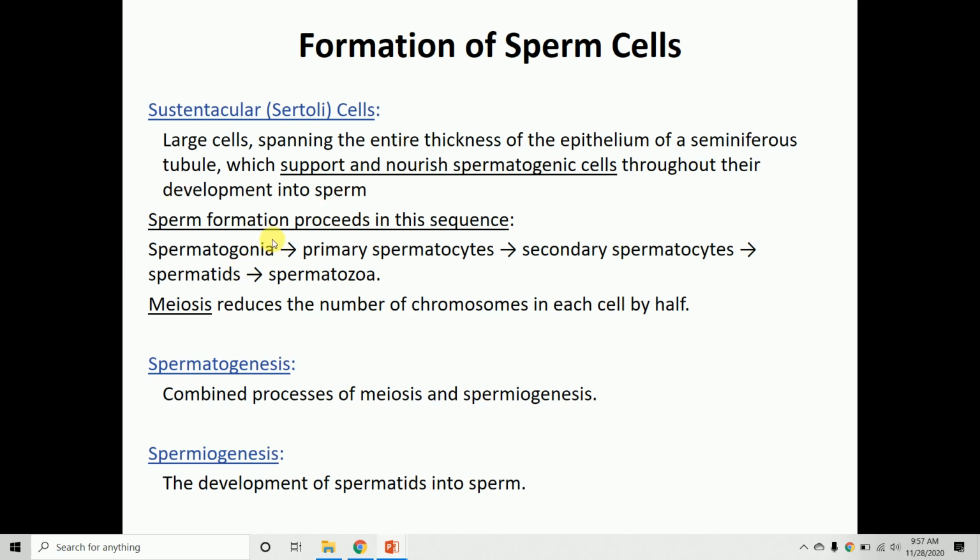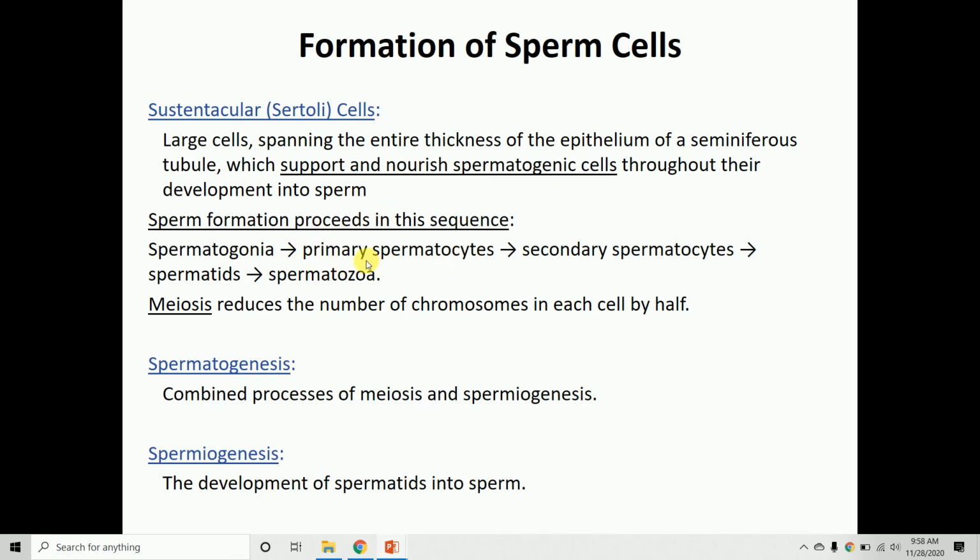The spermatogonia, through mitosis and differentiation. Mitosis means it's not meiosis. So spermatogonia are going to make lots of copies of themselves, and then differentiate, which means to grow up a little or to develop, to mature into a primary spermatocyte.